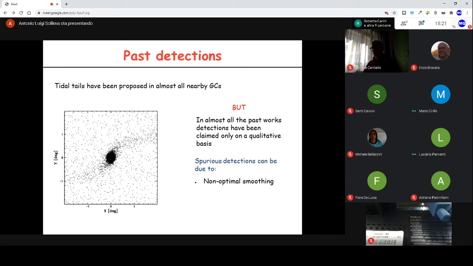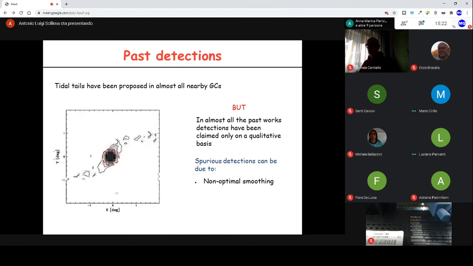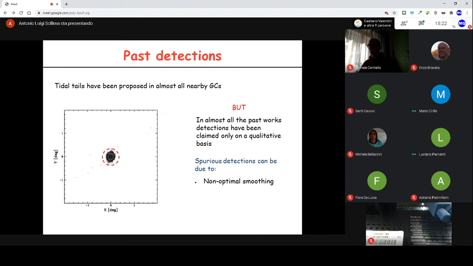So you have to assume a kernel, for instance, or in other words, a bin in space. So if you make an optimal bin, you can make this kind of density contours where you see the tails clearly. But, for instance, if you use a bin size which is too small, then this is what happens.